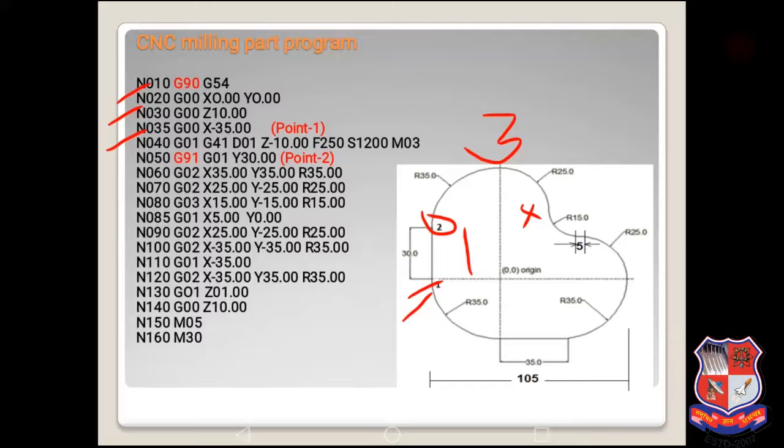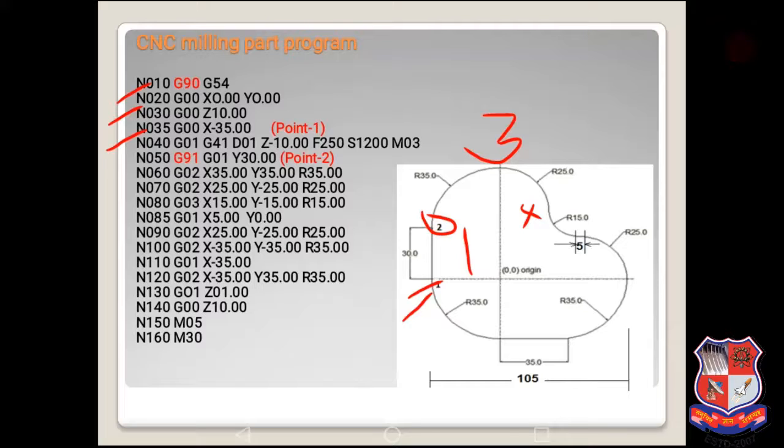Now we reach this point, another arc with the radius of R35, and we have to use the command G02 because of the circular interpolation in clockwise direction.